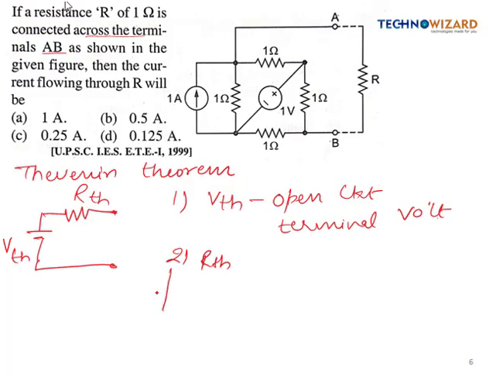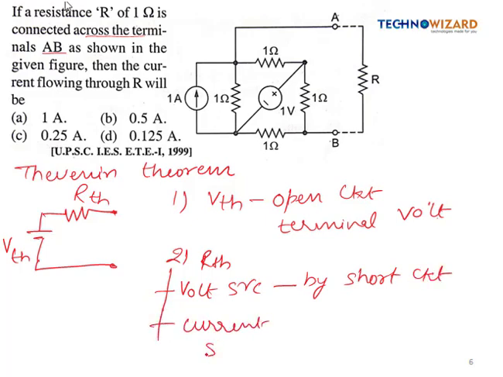So I will write here, in order to find out the RTH, you have to replace voltage source by short circuit, and you have to replace current source by open circuit, because current source internal resistance is infinite and voltage source internal resistance is 0, right?